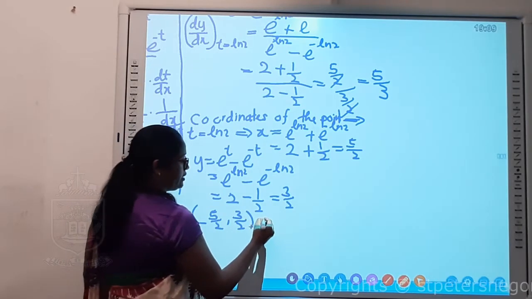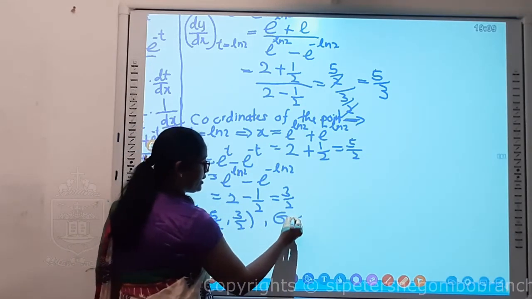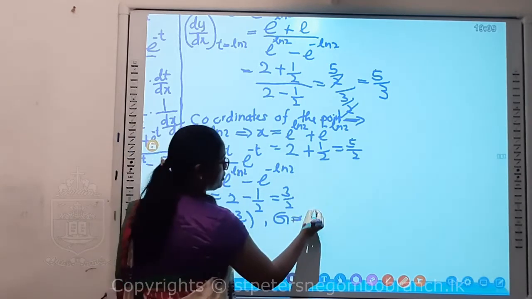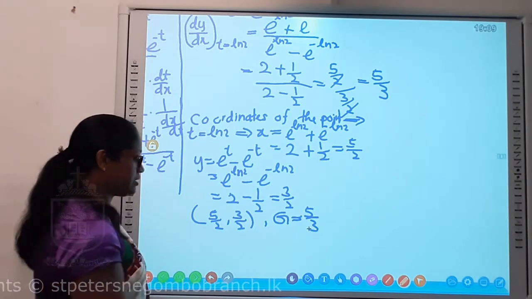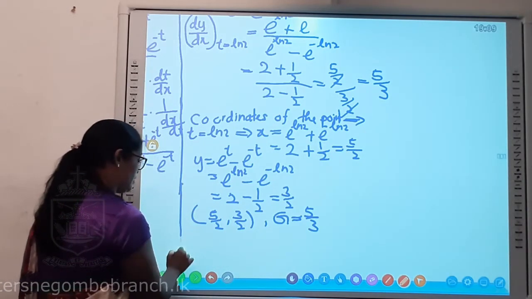We have the gradient, which is 5 by 3. Right? This information we found. Now we can write the equation of the tangent.